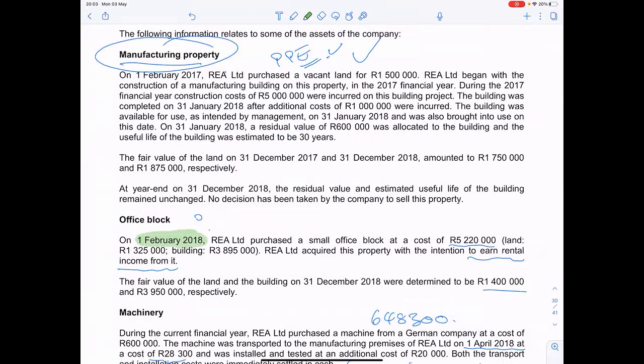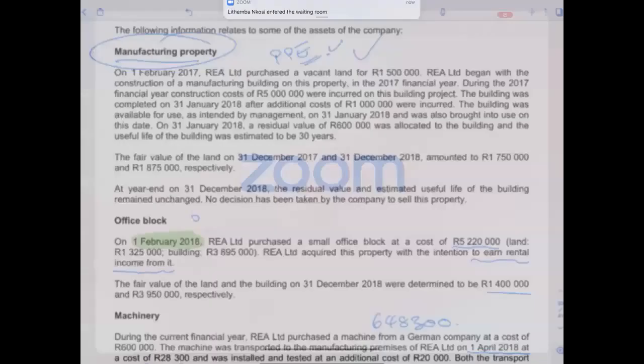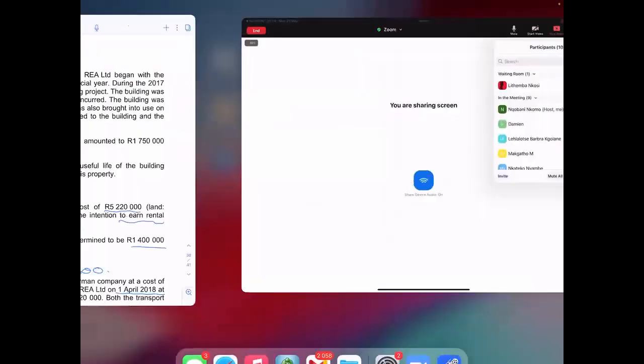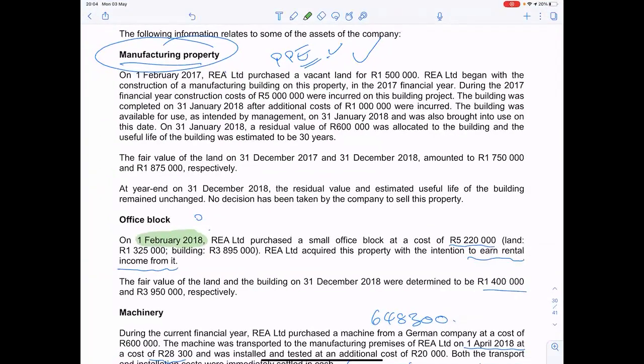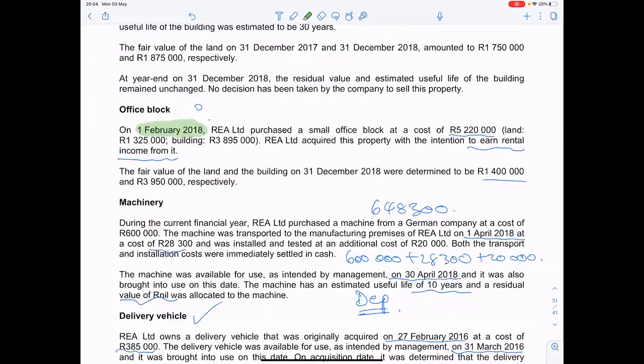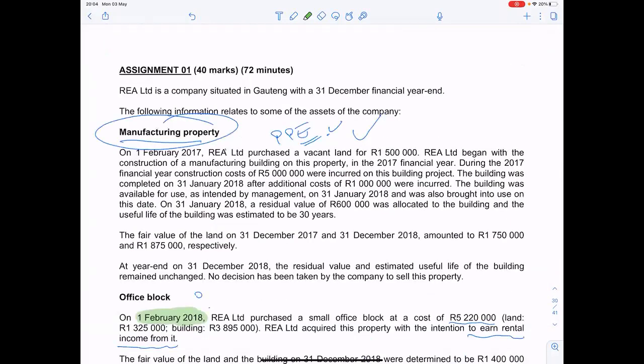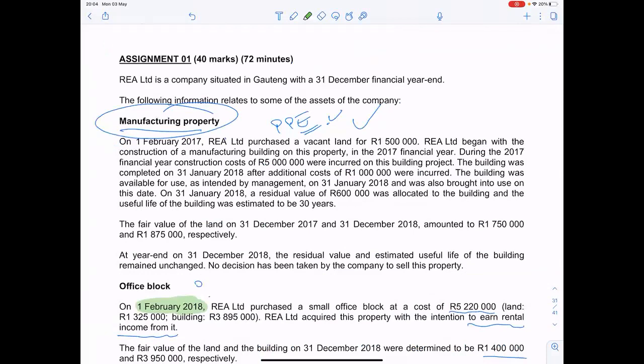So meaning that there was an addition due to acquisition of the asset. Is that clear? That is our addition. So we are going to come under investment property. We added land of 1325 and added a building of 3895. So it's 1325, the land.